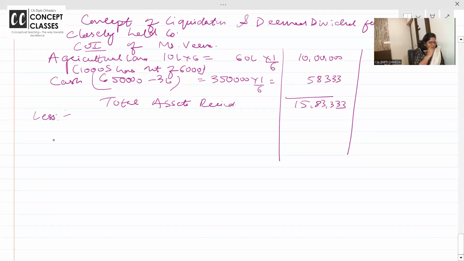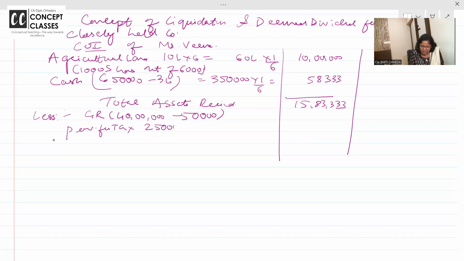Now less. How much is the general reserve? 40 lakhs minus 50,000. Is anyone in the class having doubt about why we are subtracting 50,000? You have made provision for taxation 2,50,000, but actual tax is 3 lakh.